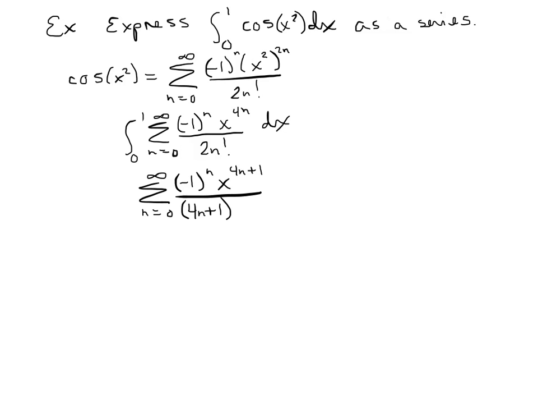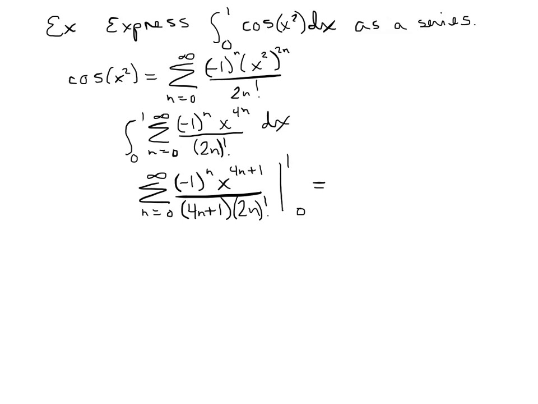Like if it were x squared, we'd get x cubed over 3. And we still have the (2n) factorial in there, that is 2n factorial. Now this is a definite integral, so we're going to evaluate it from 0 to 1. We just integrated with respect to x, so the 0 and the 1 go into the x's.